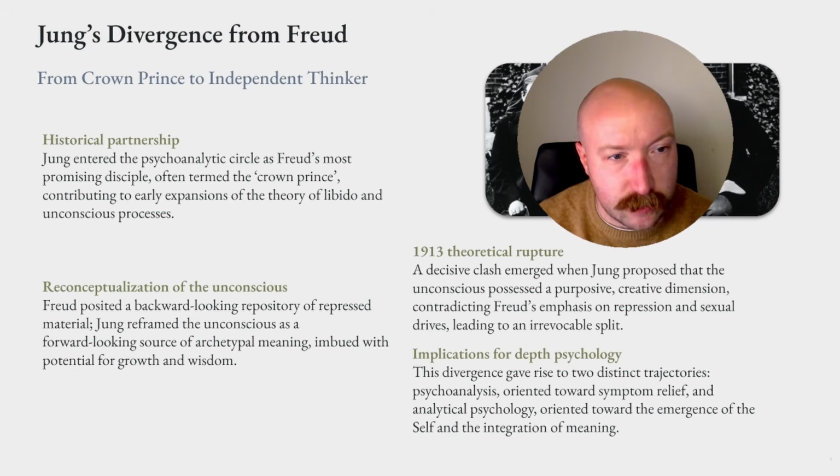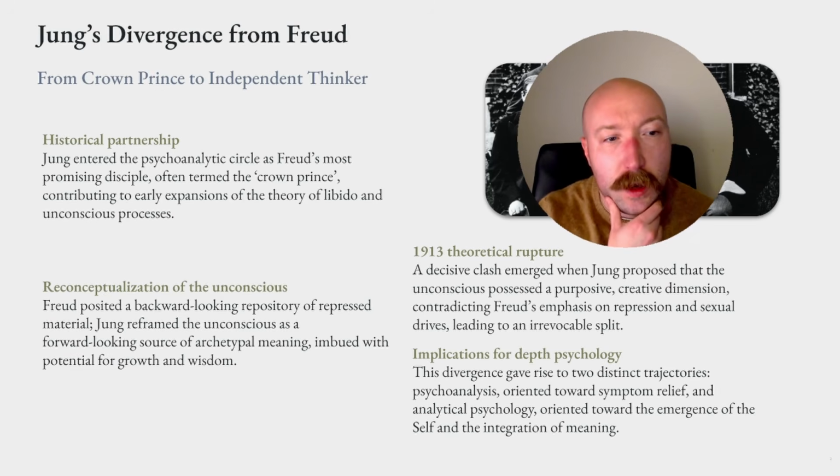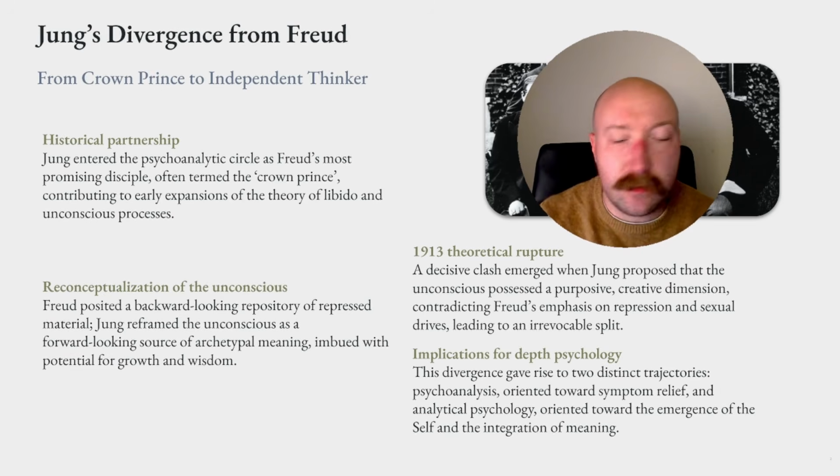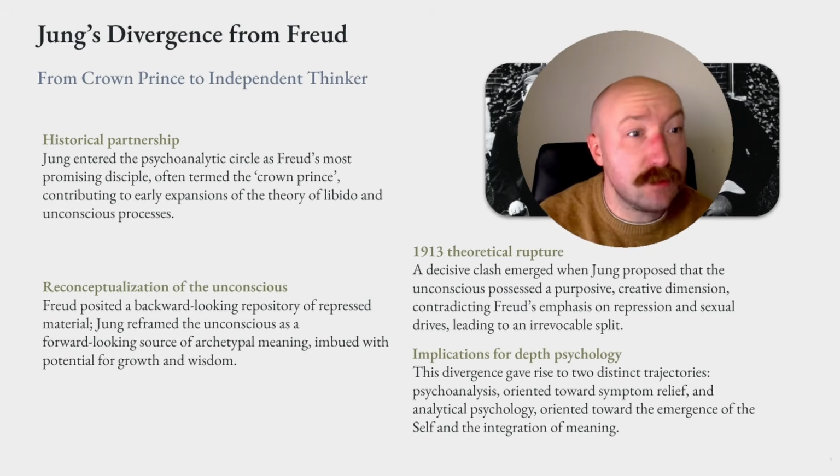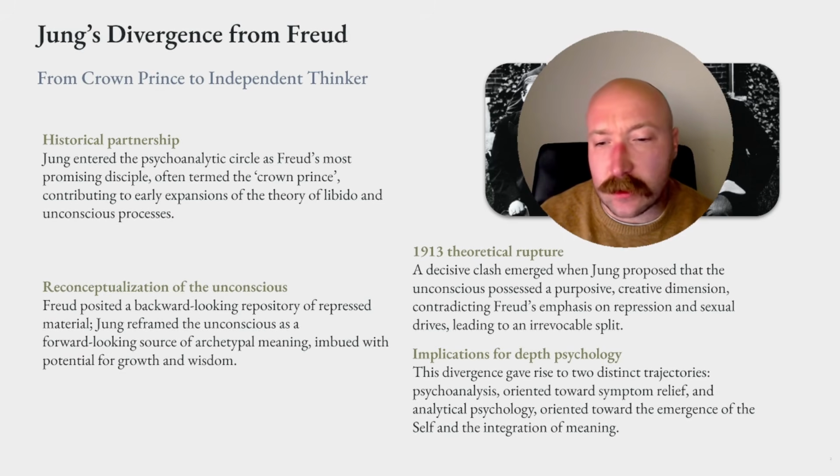Very relational. Okay. The divergence gives rise to two distinct trajectories. Psychoanalysis is oriented towards symptom relief, we could say. Now, this is all very retrospective. And then analytical psychology is oriented toward the emergence of the self and the integration of meaning.